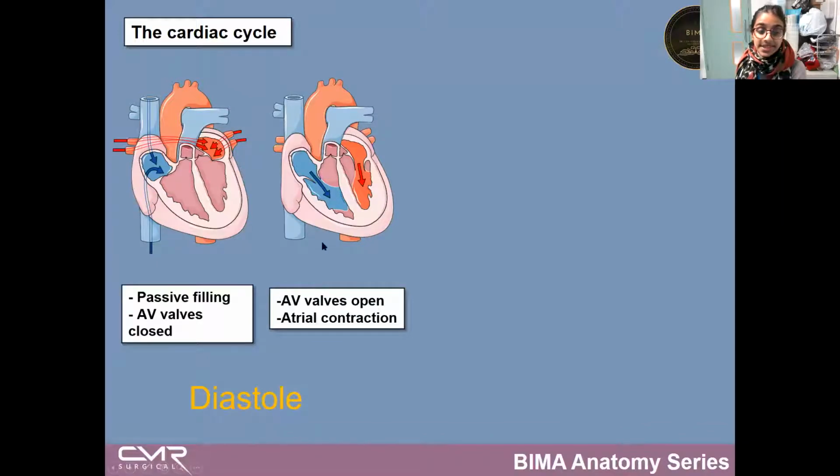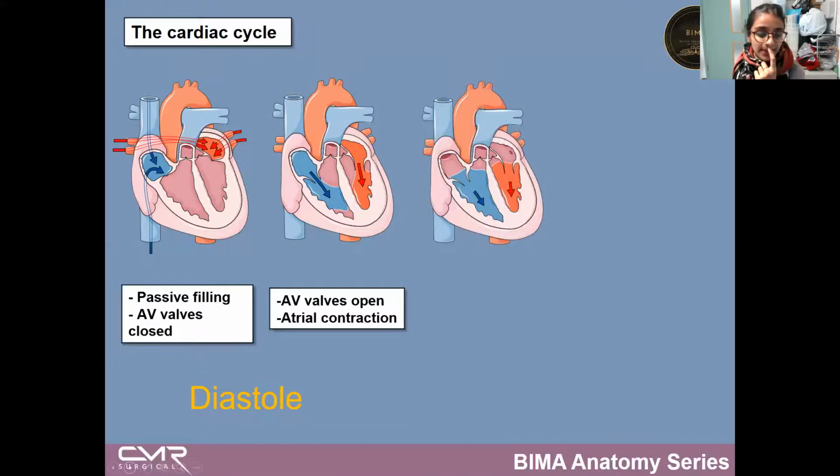And this is diastole. So when your heart is essentially filling up with blood, there's a slight atrial contraction, but there's no fully forced ventricular contraction. So it's passive. It's diastole, filling up of the heart. Then we have the closure of the AV valves, which is your first heart sound.